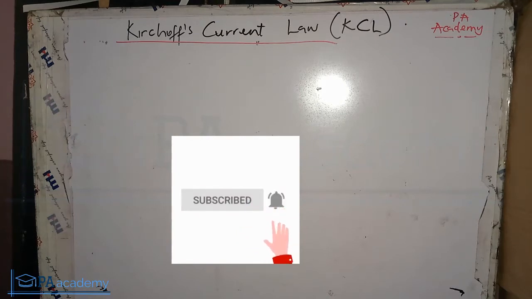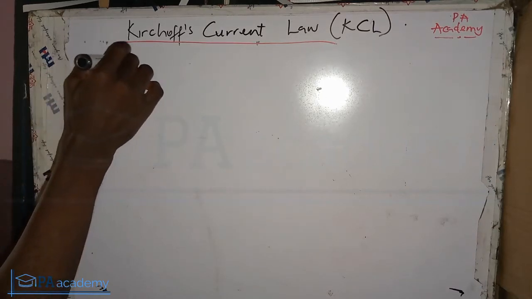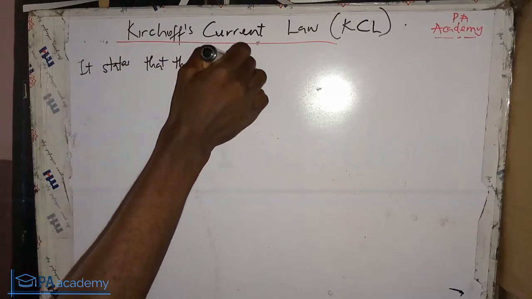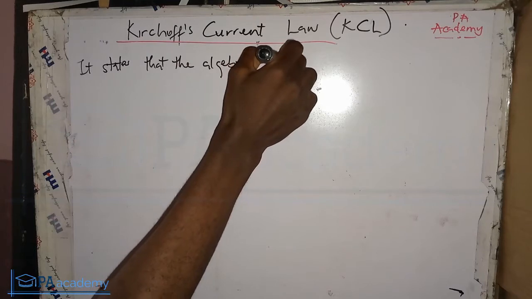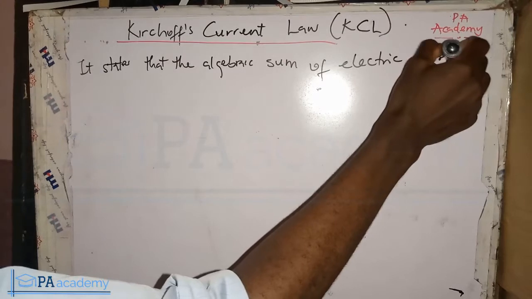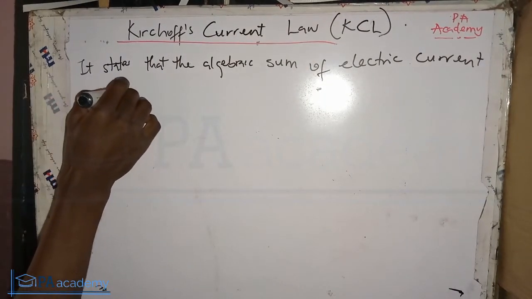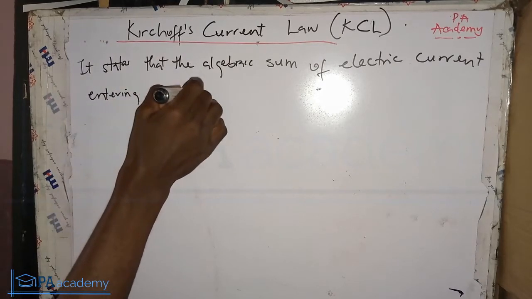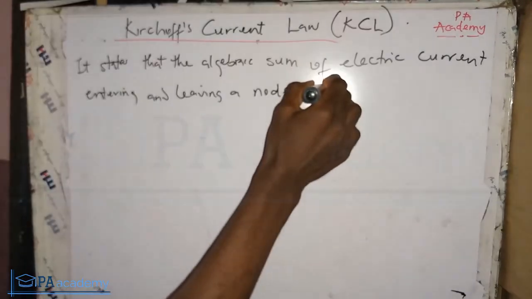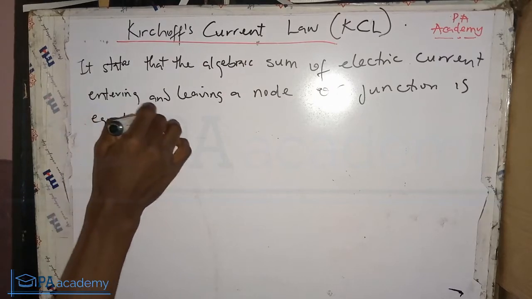Now Kirchhoff's current law states that, so let me write it out, the algebraic sum of electric currents entering and leaving a node is equal to 0.